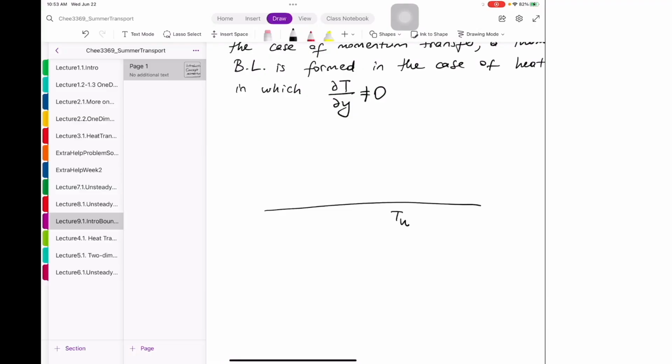Imagine this is T wall. This is a T wall, and you have a temperature profile. Imagine that the fluid is colder. Okay, and you can have a profile like this. This is your y-axis, and this is your T-axis.